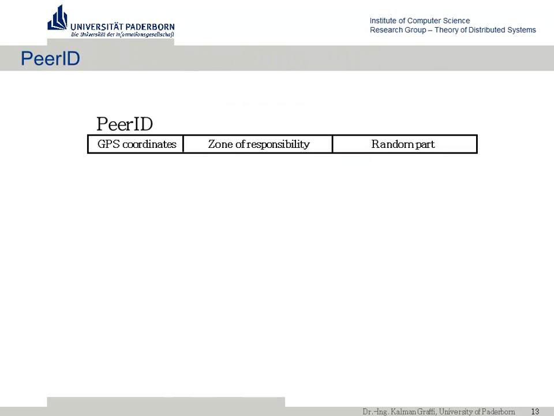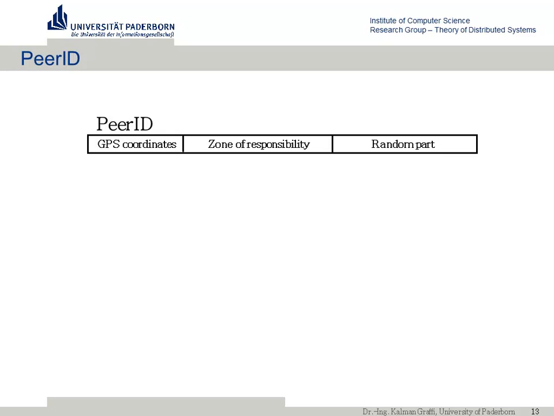How is the PID chosen? What is also somehow new in Globase in comparison to Core is that you put inside some further information, not just a random ID basically, but one of the main pieces of information is the GPS coordinates. That's basically your X and Y coordinates in the landscape.